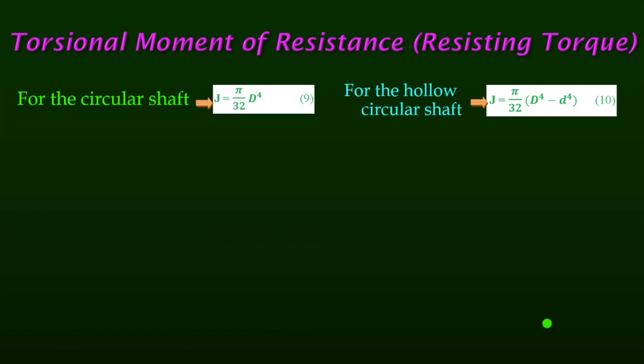And that depends definitely on the polar moment of inertia. For a circular shaft, the polar moment of inertia is this, and for a hollow circular shaft, this is the polar moment of inertia.